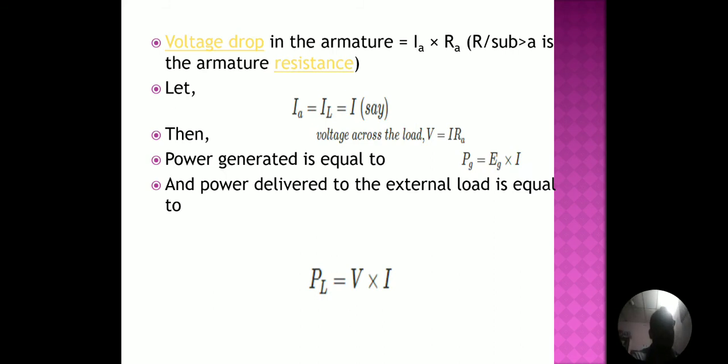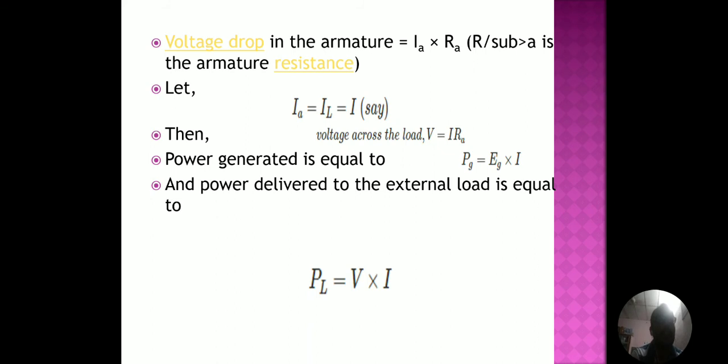And now here we can see the equations of the above circuit diagram. The voltage drop in the armature is given as IA into RA, where IA is the armature current and RA is the armature resistance.